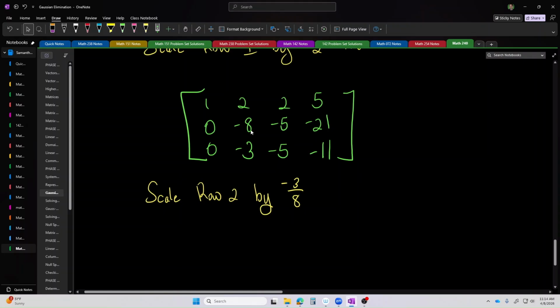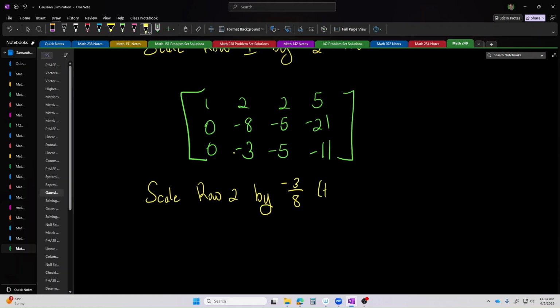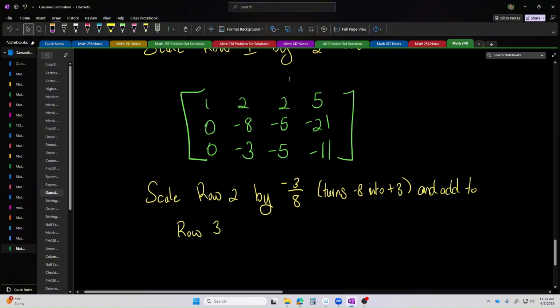Because if I take -8 and I divide out 8 and I multiply by -3, that'll turn this value into a +3. Once that's done, we can add that down into row 3. And that will eliminate the -3 in this position.